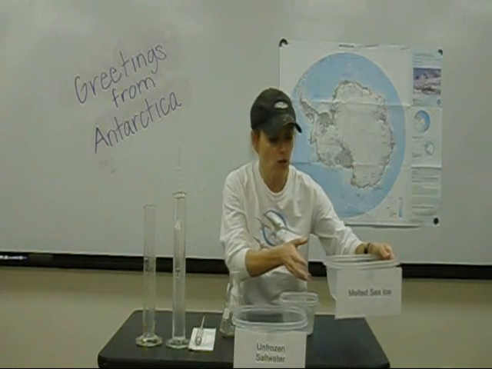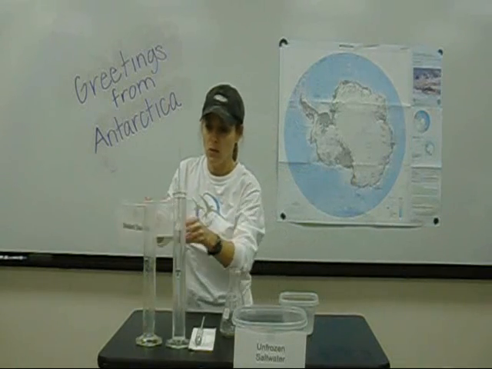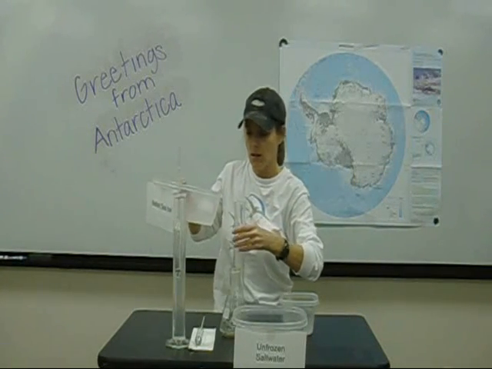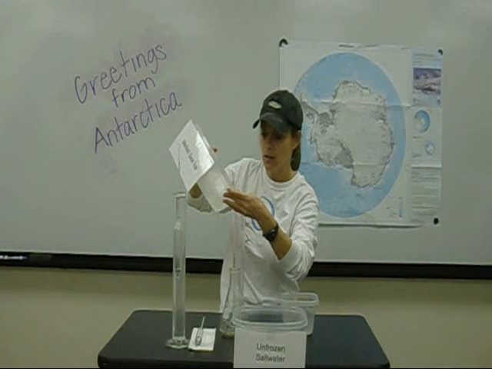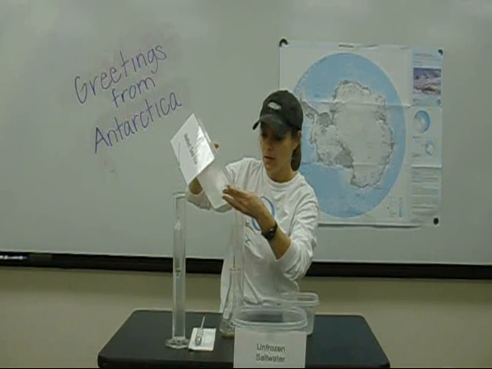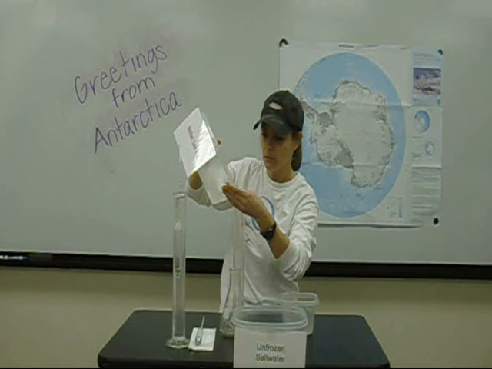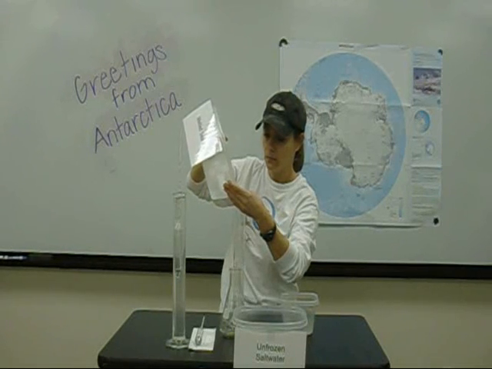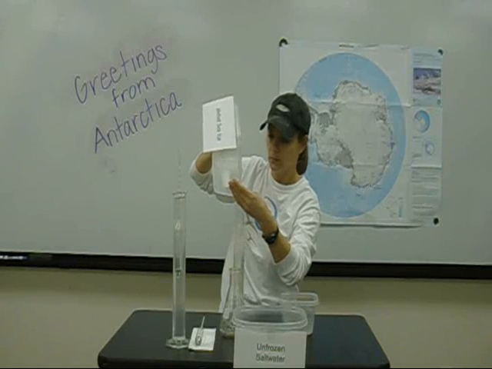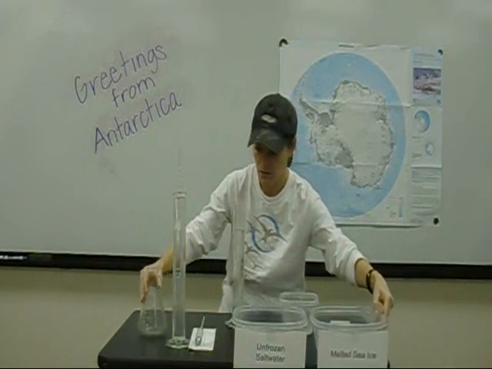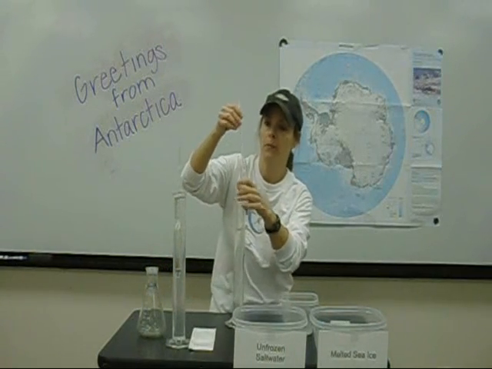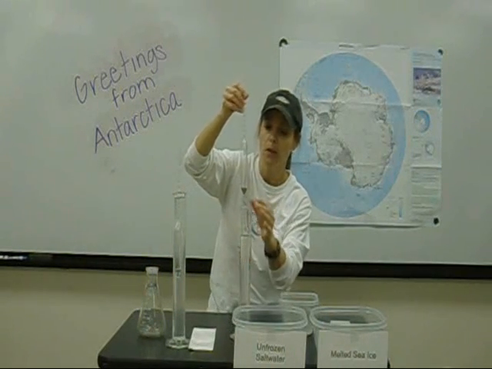All right, so now let's test the melted sea ice. It has had a chance to melt. So we're going to pour this into our tube carefully. All right, so let's compare. Here's our hydrometer.